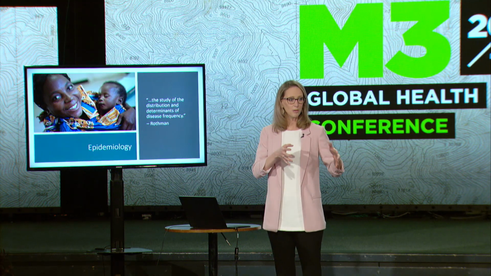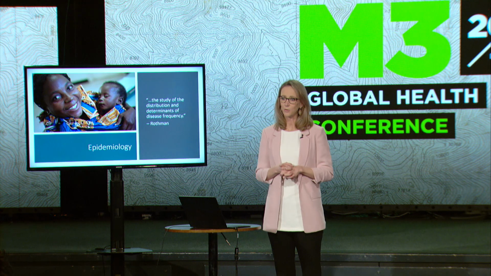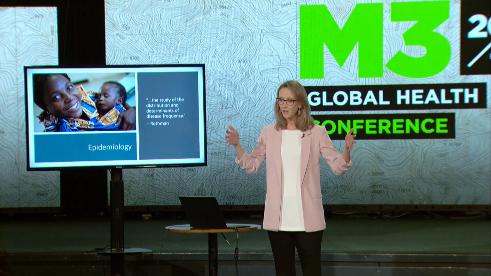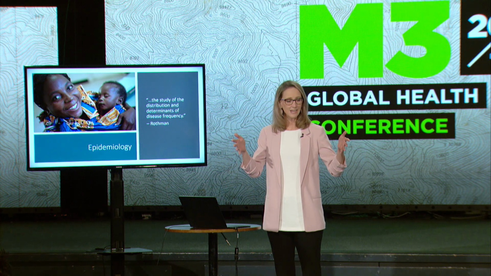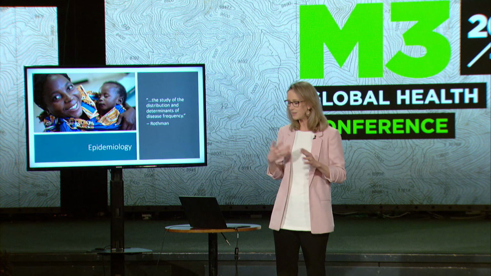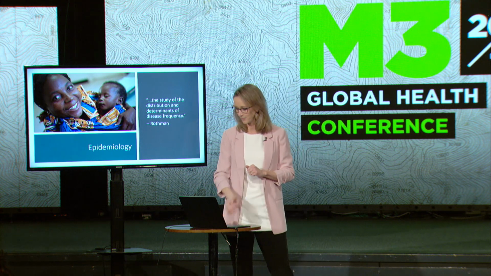The picture, though, of the mom and the child is the epidemiology that I consider myself doing, which is applied. So it has to matter to the people on the ground in those communities. And I'm a population-level scientist, so I deal with thousands of people. But at the end of the day, those populations are made up of individual people. So keep that in mind as we keep talking.